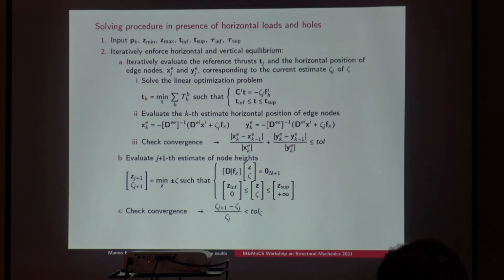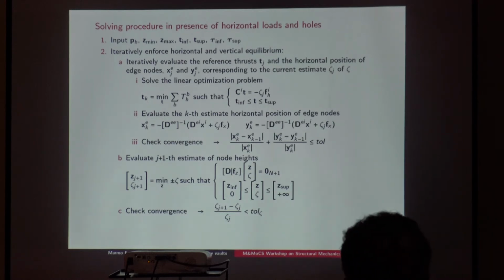And basically, if we don't have boundary nodes, meaning that the vault is supported on the entire boundary and there are no holes, then we can solve the linear optimization for the horizontal equilibrium. We have the thrust that has to fulfill some equations, and once we have the values of the thrust inside the vault, we can do the vertical equilibrium and solve for z, which is the vertical position of nodes, and zeta, that is that parameter that allows us to find solutions of minimum and maximum thrust.